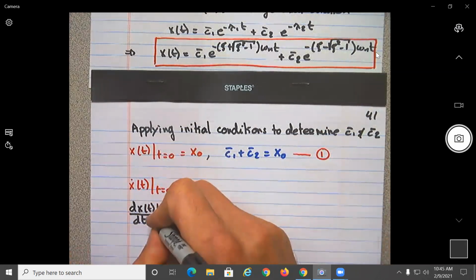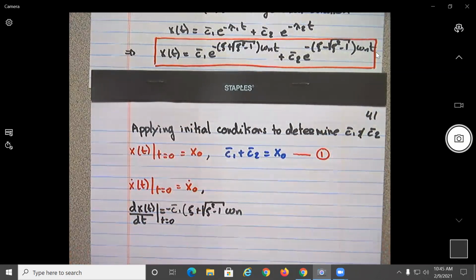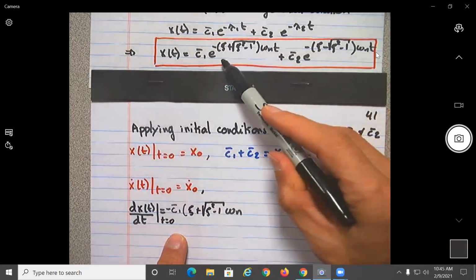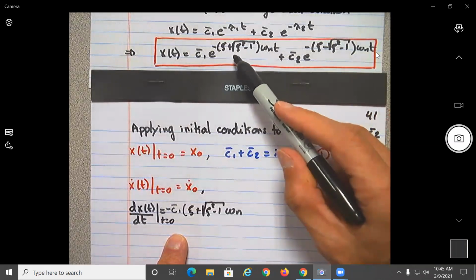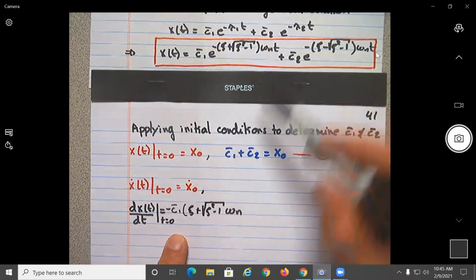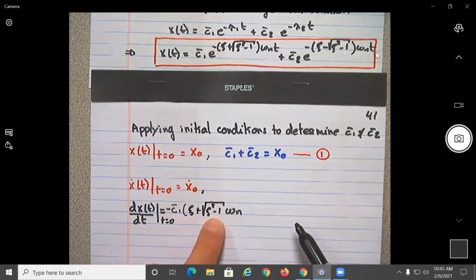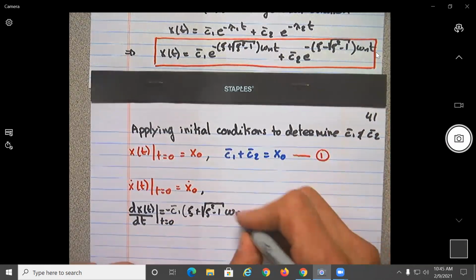Can I do one thing to be a bit faster for the notation? Remember, this is at t equals 0, so the exponential of all this term over here, exponential of 0, is 1. So if I evaluate that term now, I don't have to write it over here. So this should just be minus C bar 1 times zeta plus the square root of zeta squared minus 1, omega n.